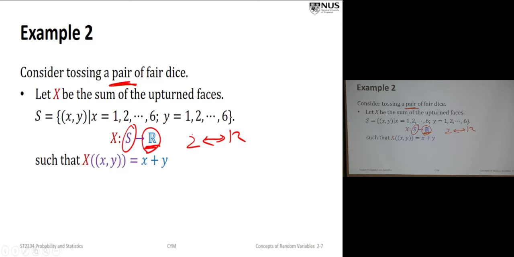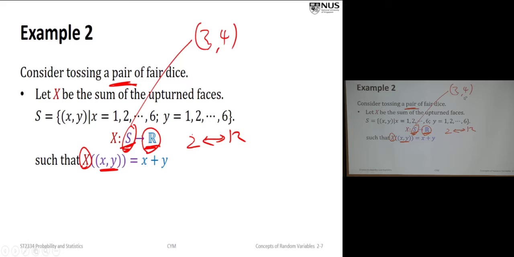All right? So this is a function that maps a particular element in this sample space, which is represented by an ordered pair. The first coordinate, x, represents the outcome of the first die, and y, the second coordinate, represents the outcome of the second die. An example of an element here is something like (3, 4).